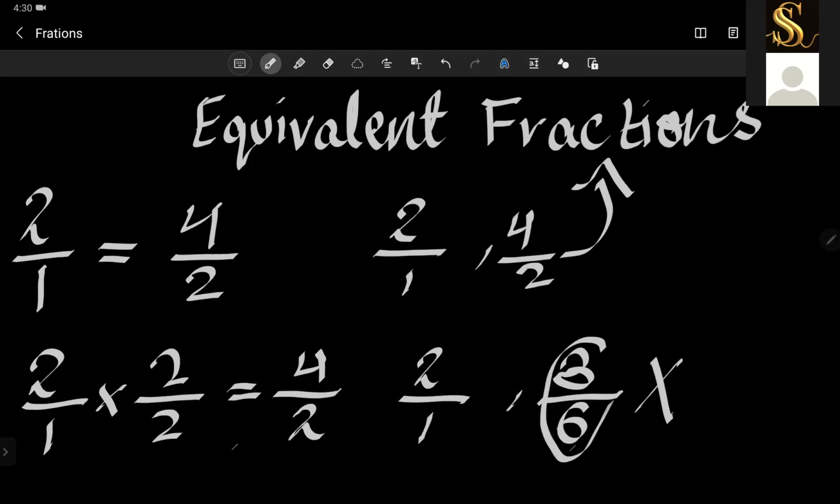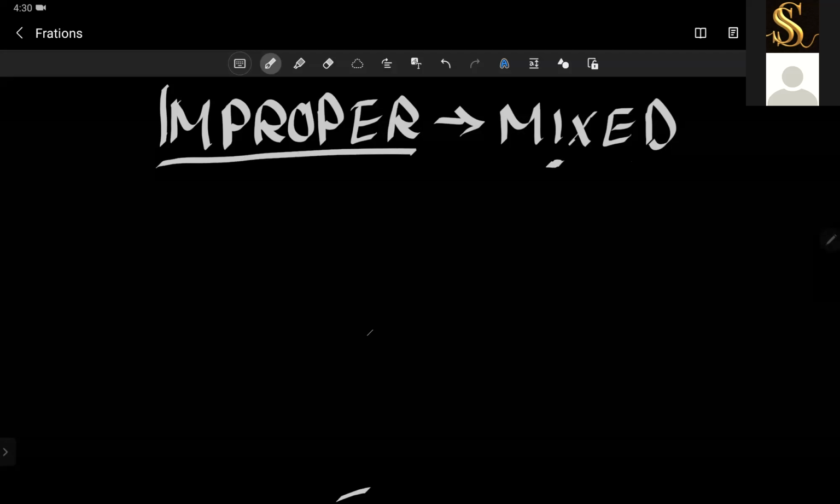So now, let's move on with converting fractions. Our first conversion is from improper fraction to mixed fraction. So remember that the improper fraction can be only converted to mixed fractions and no other type of fraction. So for example, if my improper fraction is 12 upon, let's take 5. So now how to convert it to a mixed fraction? To convert this to a mixed fraction, we'll have to divide 12 by 5, but not till its decimal numbers.